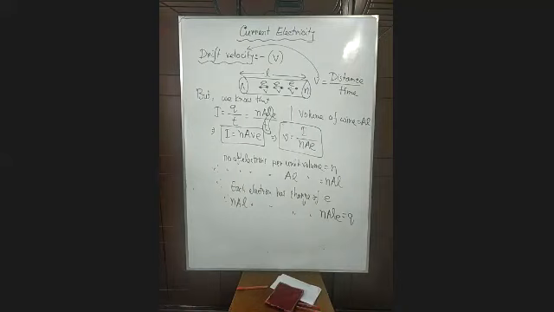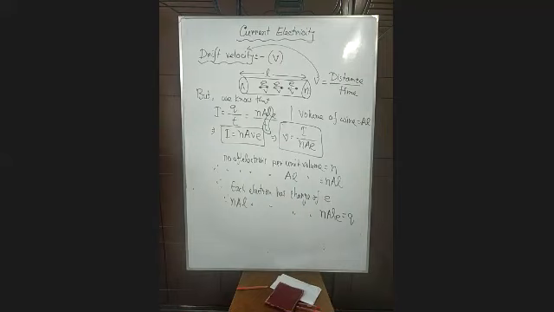The number of electrons per unit volume of a wire is 10 to the power 14, and the area of cross section of the wire is 5 centimeters square.